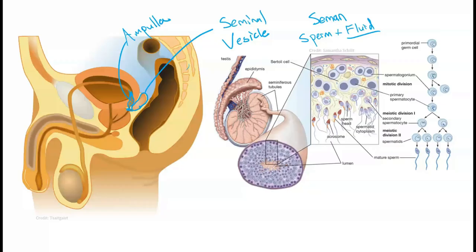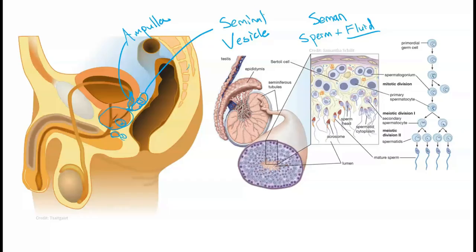And there are a variety of different types of things that contribute to the fluid. There is the seminal vesicle, there's the prostate gland, and then these little bulbourethral glands here. So three glands secreting substances that will provide things to the sperm, things like energy, things like vitamins and antibodies and other types of immune things to protect them along their journey.